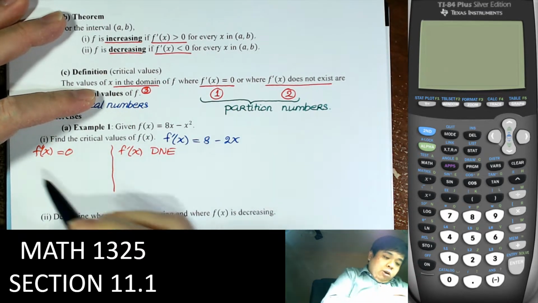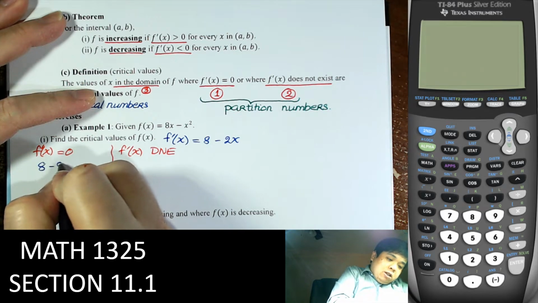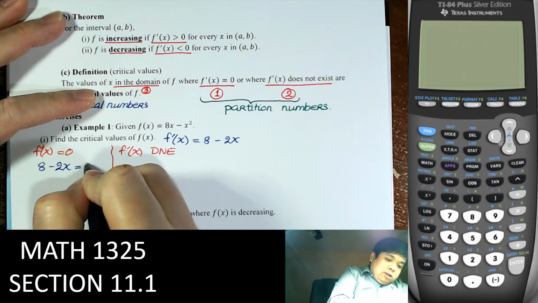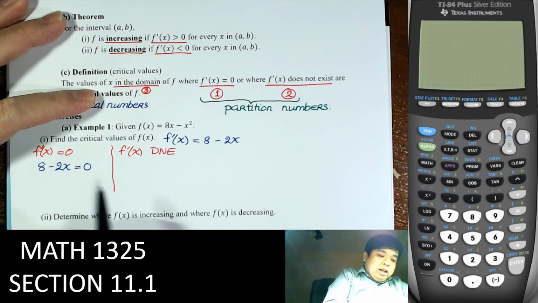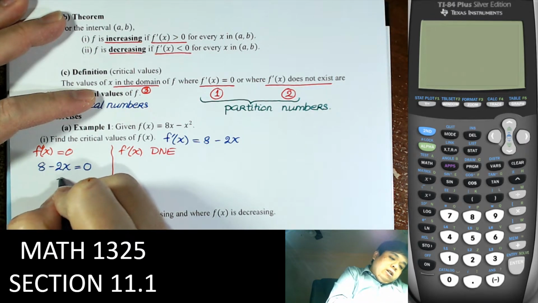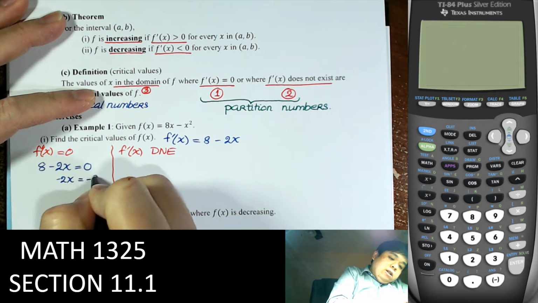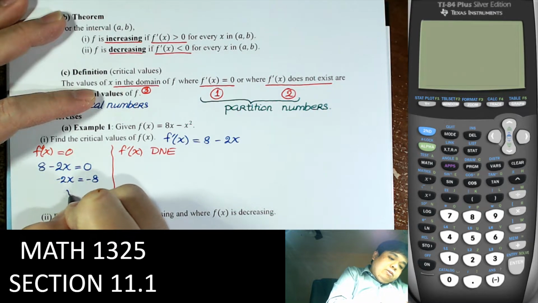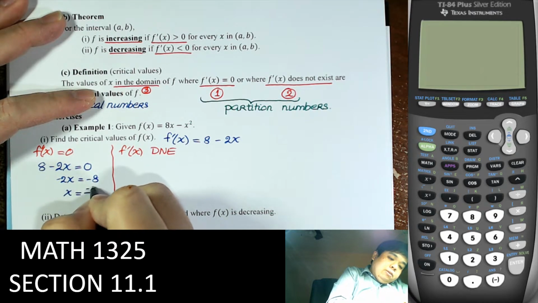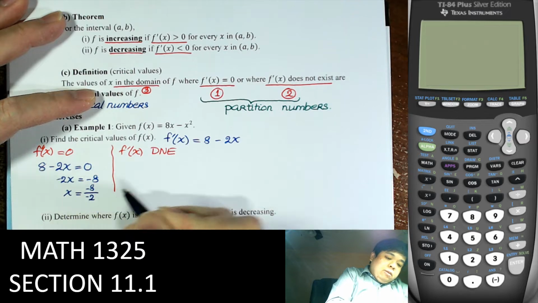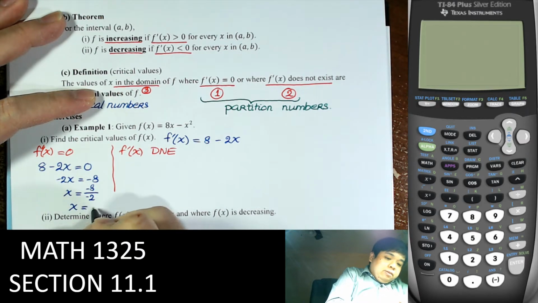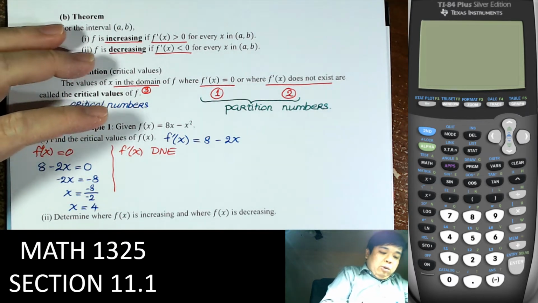So when 8 minus 2x equals 0, we can solve for x: minus 8 on both sides and divide by negative 2. So x equals 4, right, we have 1 point.